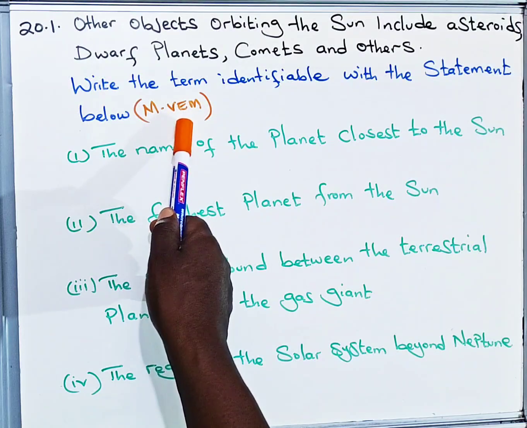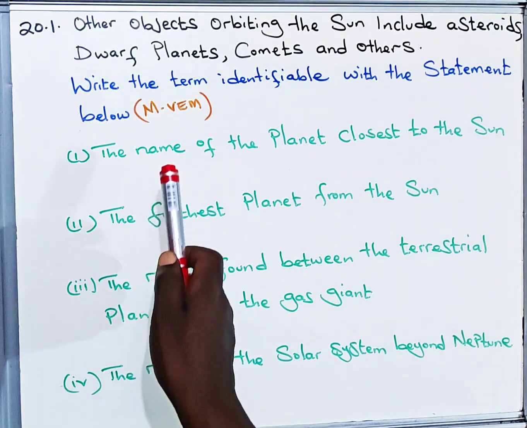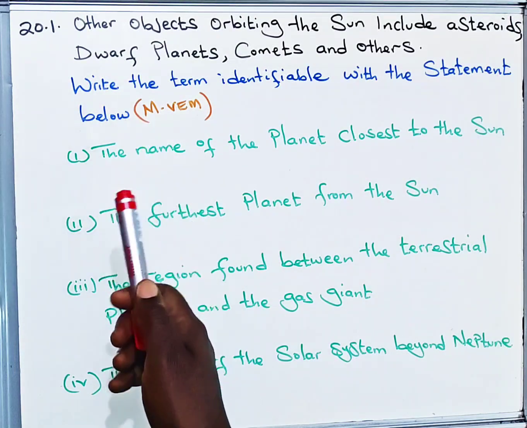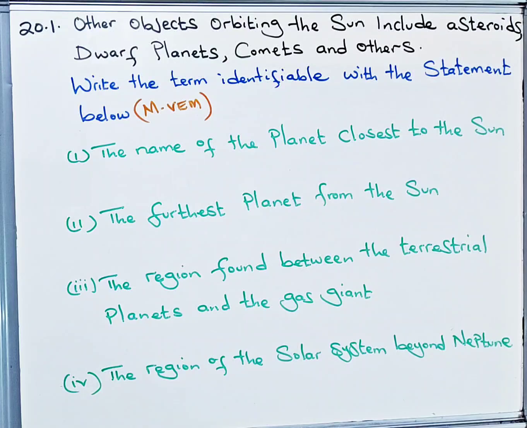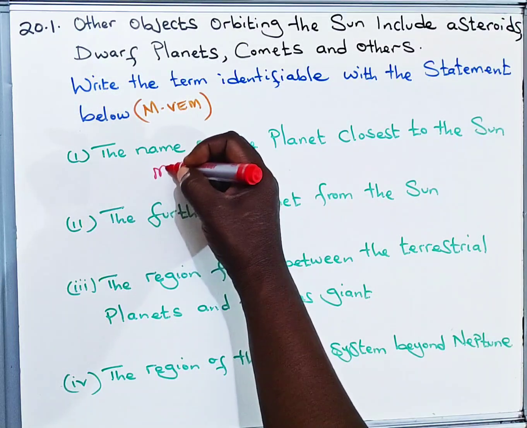Then comes our Earth, and Mars comes later. So in this category, which one is closest to the sun? M, Mercury. And that's the answer.